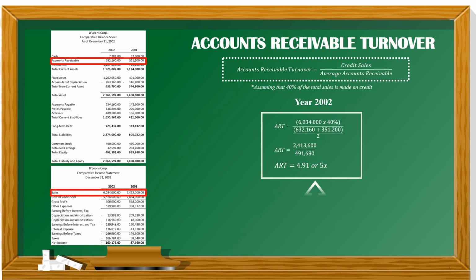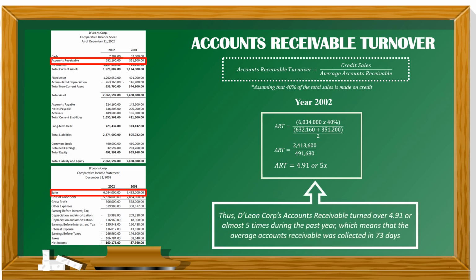Okay, so what does it imply? It implies that the De Leon Corp's accounts receivable turned over 4.91 or 5 times, almost 5 times during the past year. So this means that the average accounts receivable was collected in 73 days. Now, how do we get the 73 days here?